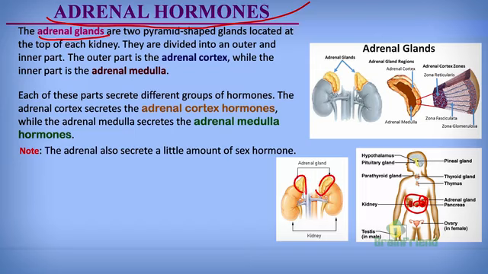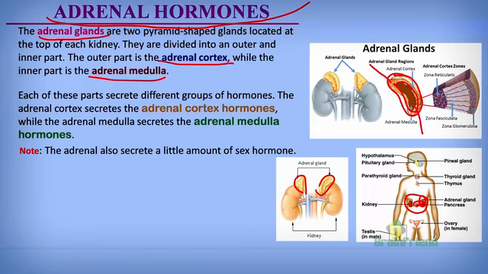The adrenal gland is divided into 2 parts. Each adrenal gland consists of 2 parts. We have the inner layer and the outer layer. The inner layer is called adrenal medulla and the outer layer is called adrenal cortex. Each of these layers produces or secretes different types of adrenal hormones.